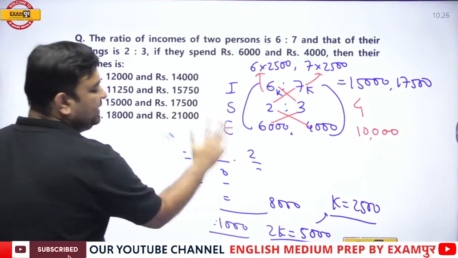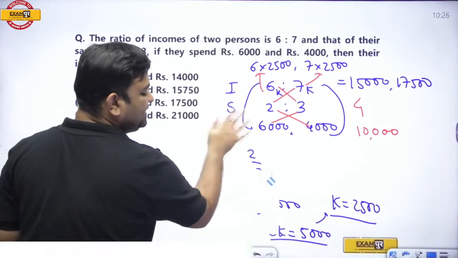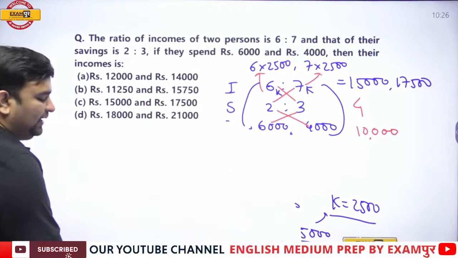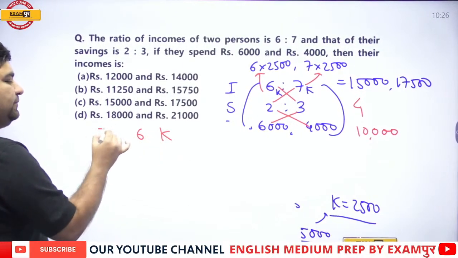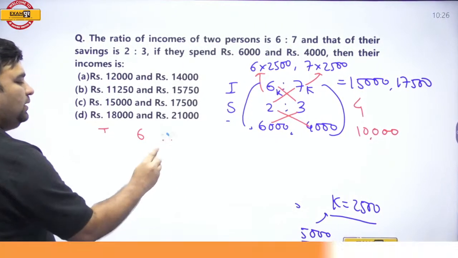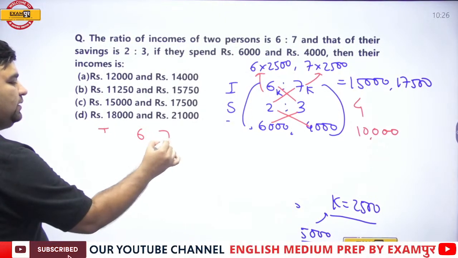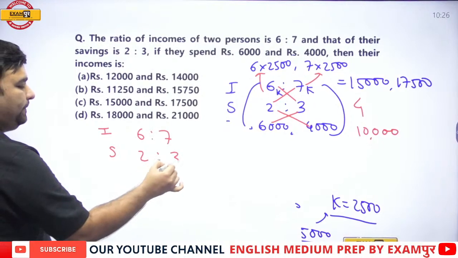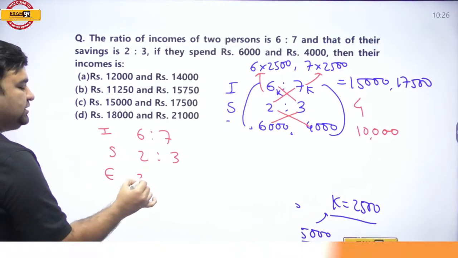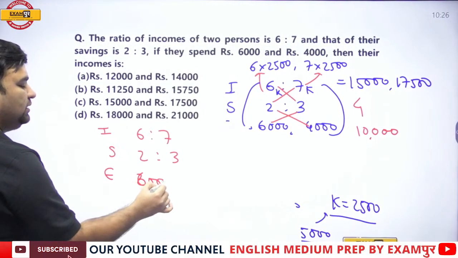So whether the income ratio is known or the saving ratio is known, we can apply the crisscross with the origin of this. Income 6:7, saving 2:3, and expenditure values 6,000 and 2,000.